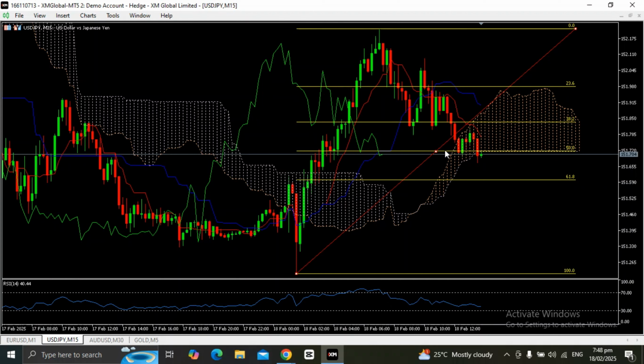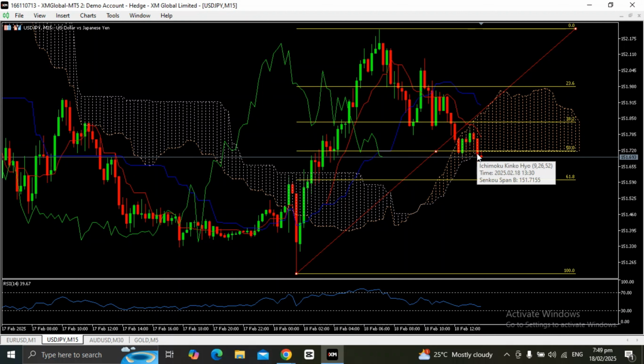Okay, but it doesn't mean it should be 151.72. Okay, as long as it stays around this area. Now as of now, the price is from the top, going down.